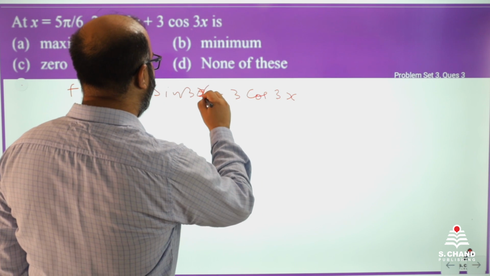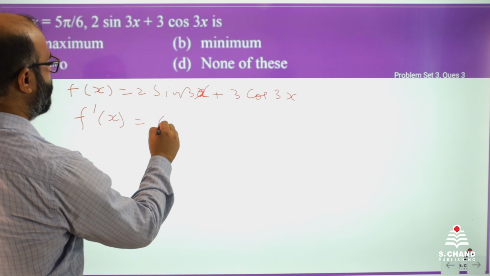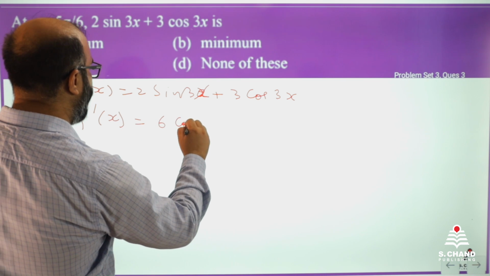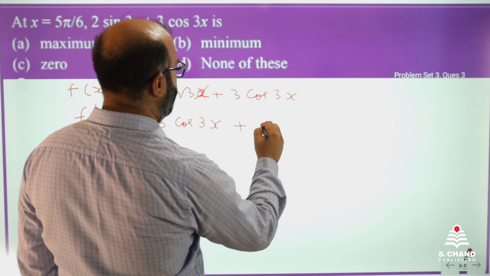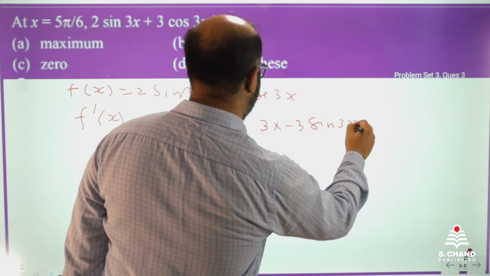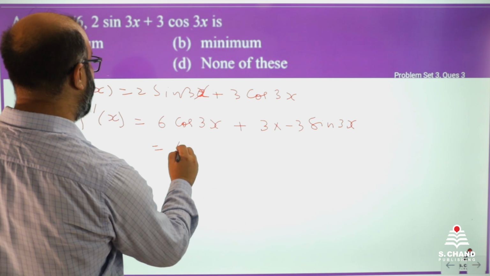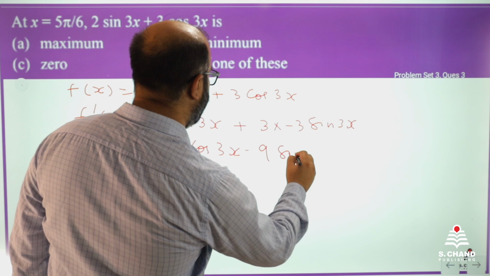Now the derivative would be equal to 6 cos 3x plus 3 into minus 3 sine 3x. So that will be 6 cos 3x minus 9 sine 3x.